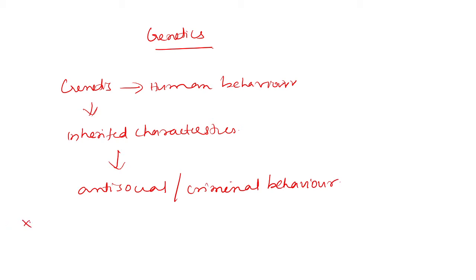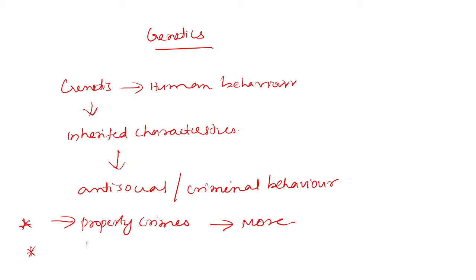And some of the evidence suggests a genetic connection with chronic offending, in particular property crime. So in property crimes these genetic factors are involved more, and there is only a little evidence about a genetic connection with violent crimes.